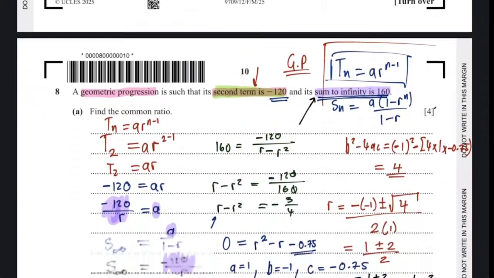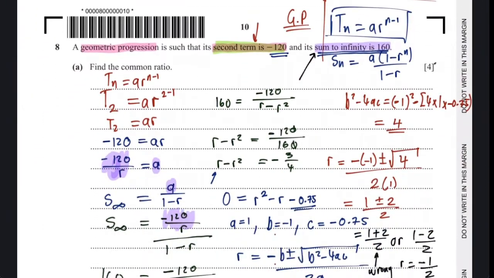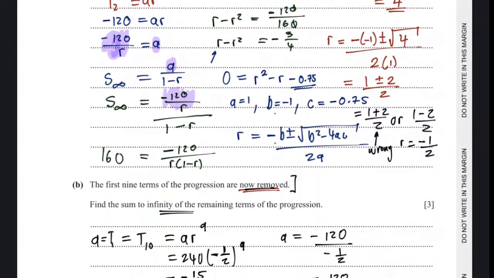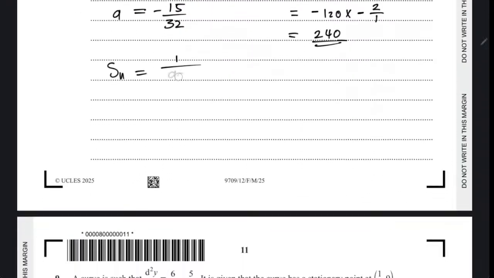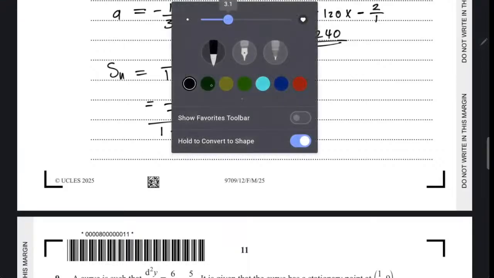Okay? So that's basically what we had done wrong. Okay? So it's like we go for it. What is it now? Negative 15 over 32 divided by 1 minus r, which is negative half. So put this in the calculator. Remember, what calculator are you using?